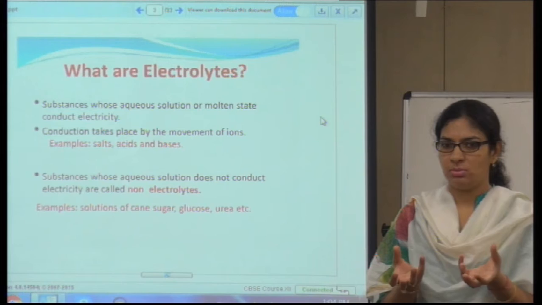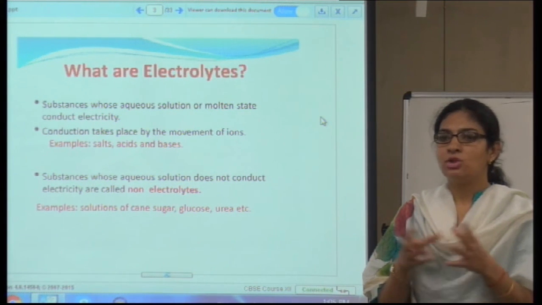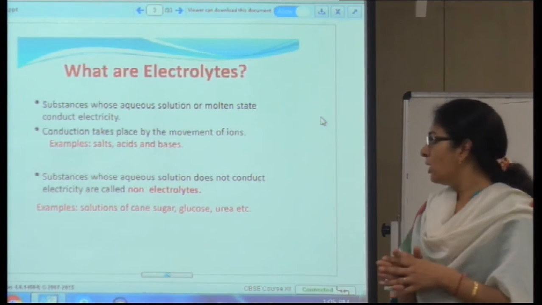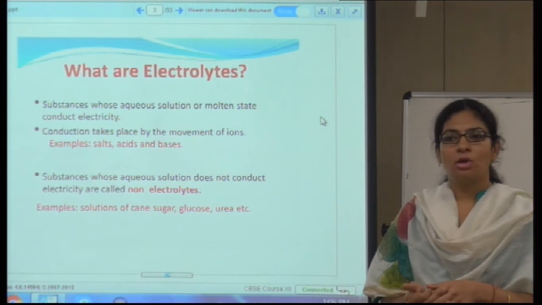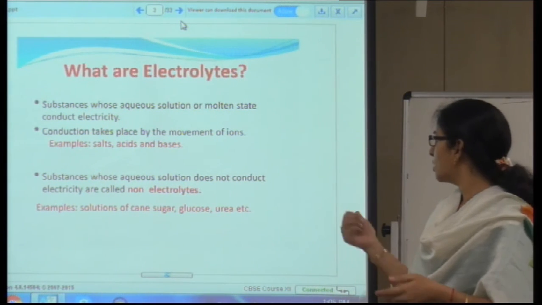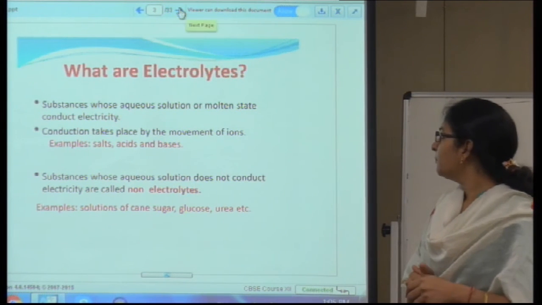It will dissolve and you will get a solution, but sugar will not decompose into different ions. So this falls under the category of non-electrolyte. Similarly, we can have urea also. Glucose is an example of sugar itself.